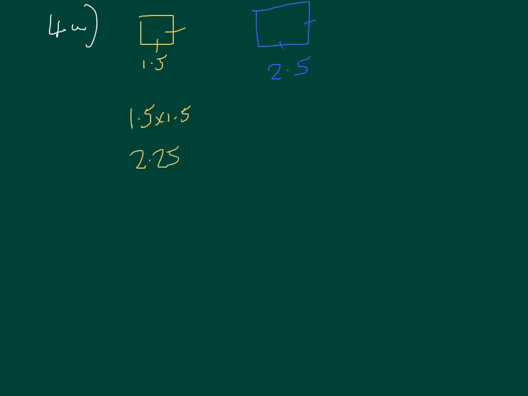The area of the blue square would be 2.5 squared, or 2.5 times 2.5, which would be 6 1/4.